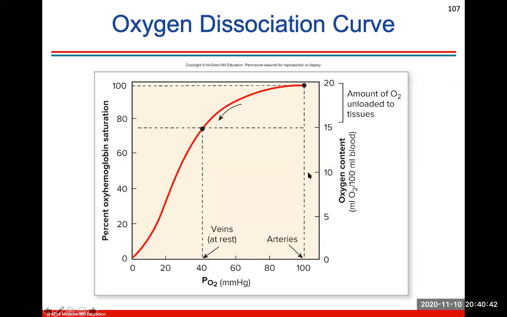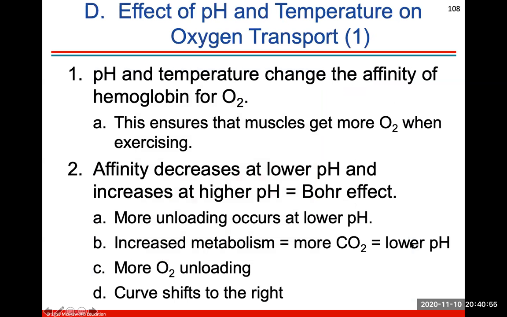That makes sense because your arteries carry the oxygen from the lungs to the rest of the body. And the amount of oxygen unloaded to the tissues is just the difference between these two, whether it's an artery or a vein.